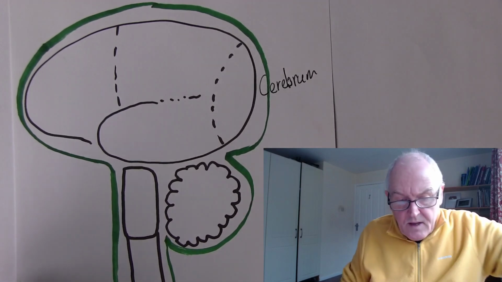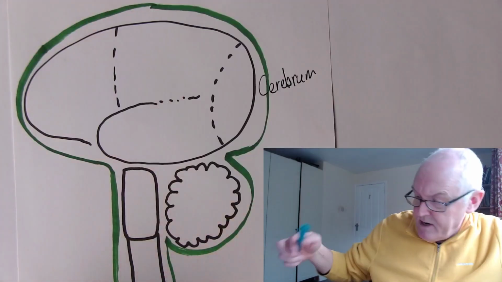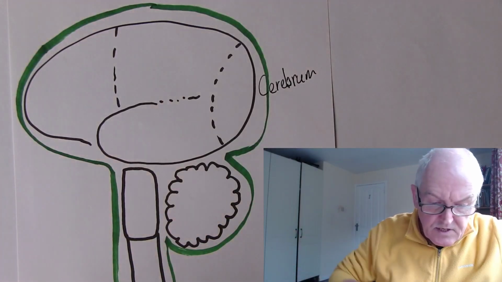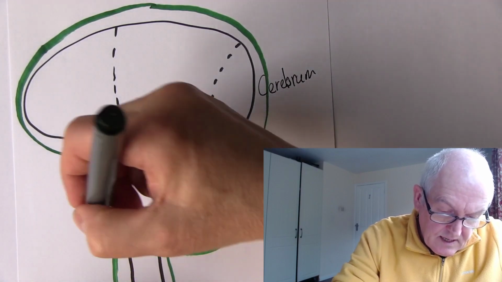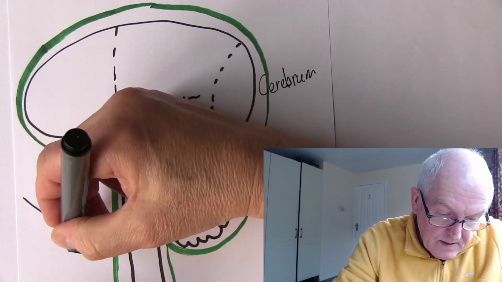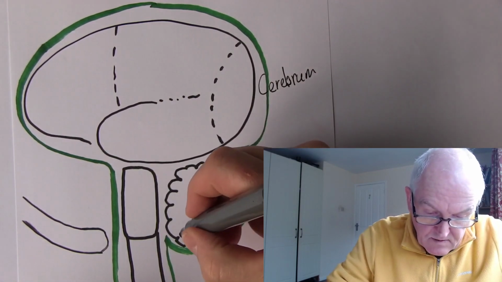But the cranial cavity is also, so all of this here is going to be cranial cavity. So if we drew the bones of the skull here, the bones of the skull would be at this level here, like this. These would be the cranial bones. At this level, they'd be here.